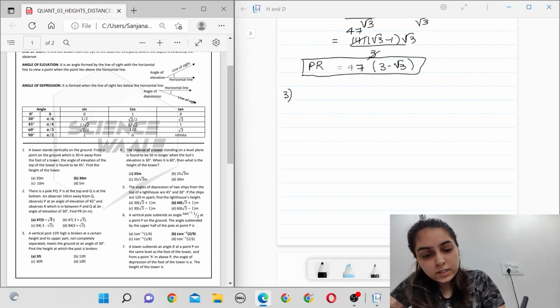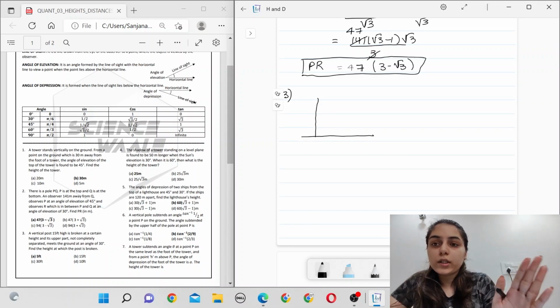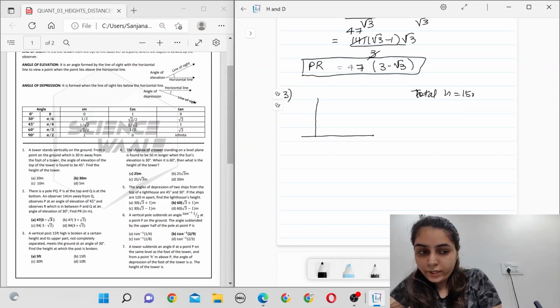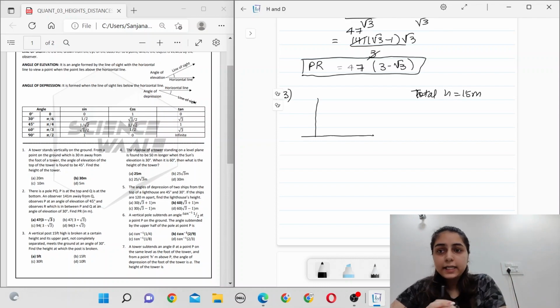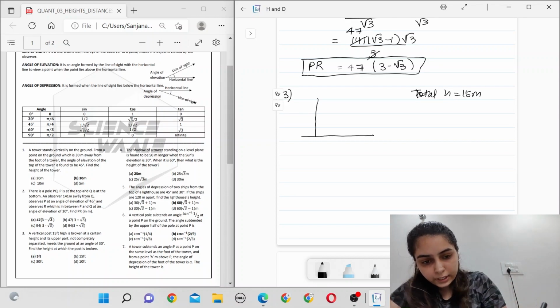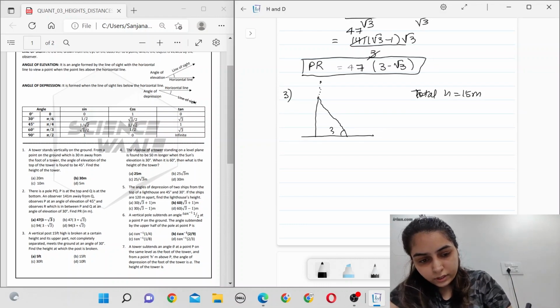So what they have given us is, there is a vertical post whose total height is equal to 15 meters, but it's broken at some height and it meets the ground at an angle of 30 degrees. So let's assume that this is the broken part and it's touching the ground here at an angle of 30 degrees.